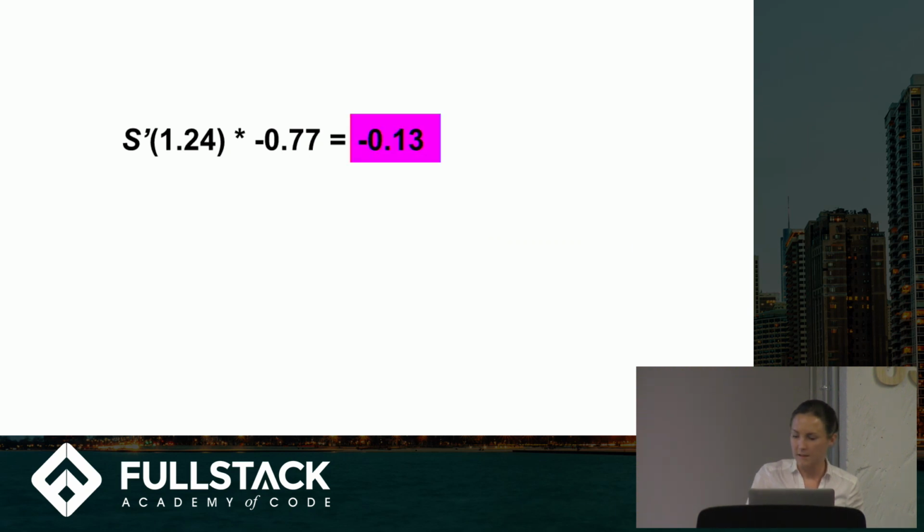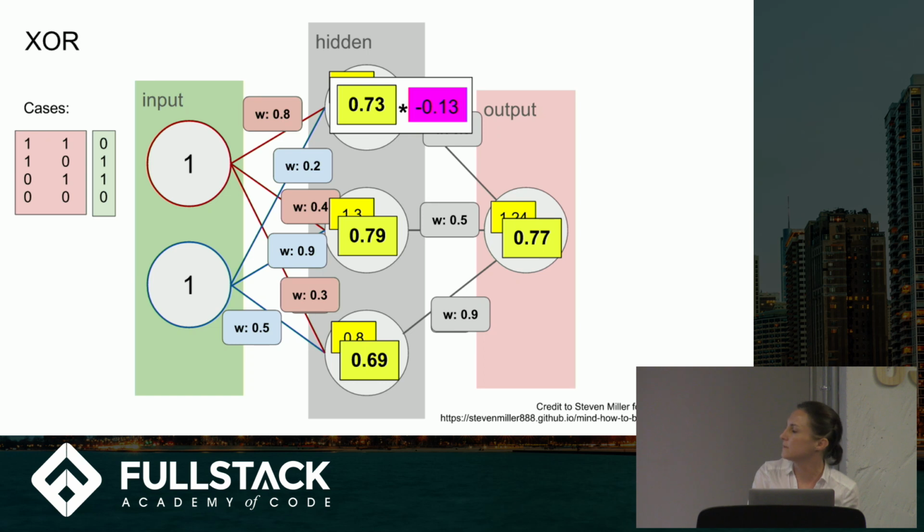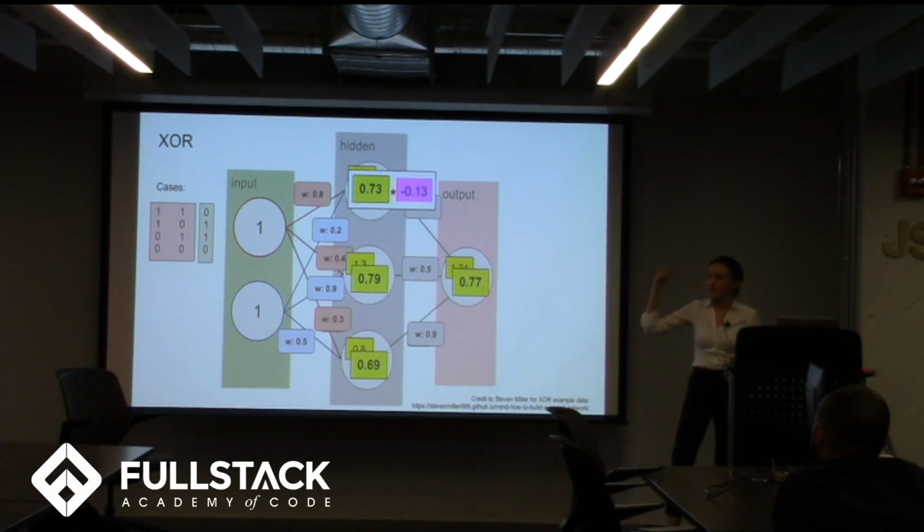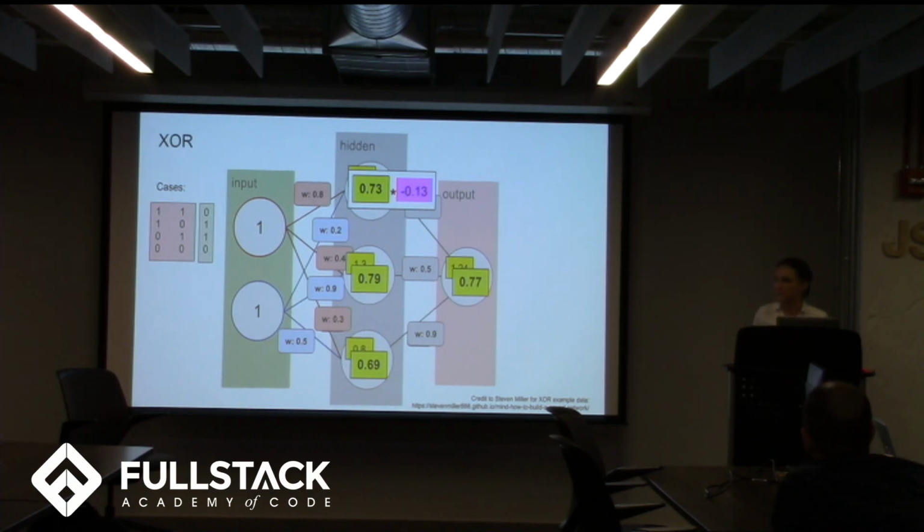It gives us this. And what we do with this number is figure out how we should change the weights that feed into this neuron. So here, we're trying to figure out how should we adjust this weight so that it brings a more accurate number, or something closer to what we're looking for, into that output neuron.